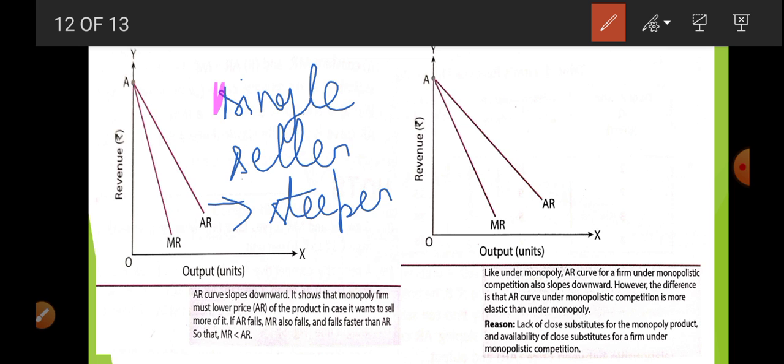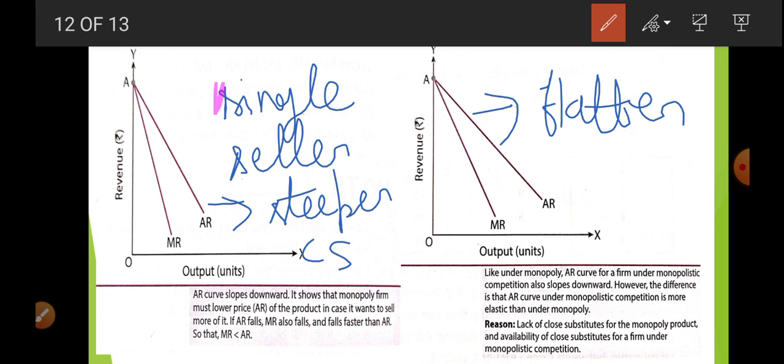And monopolistic competition has a large number of buyers and sellers, so that is why these two curves are flatter. That is the difference. The reason: here close substitutes are not available, and here close substitutes are available. So that is the reason.